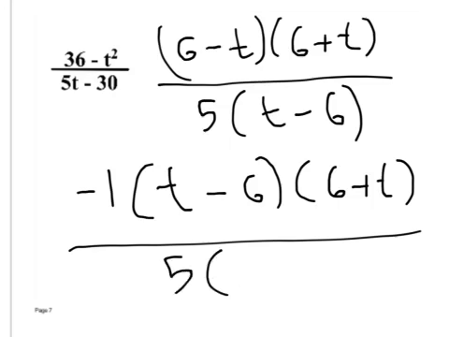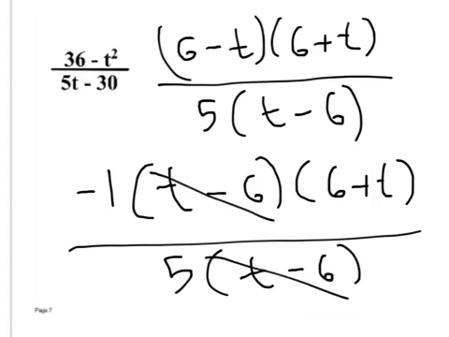I factored out negative 1 and then made it the same as t minus 6. Now I can eliminate those. My answer is negative 1 times 6 plus t over 5. Okay, that's my answer.